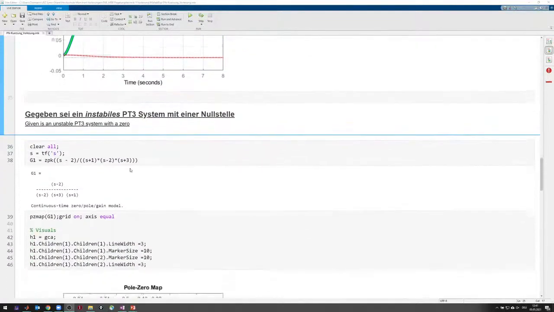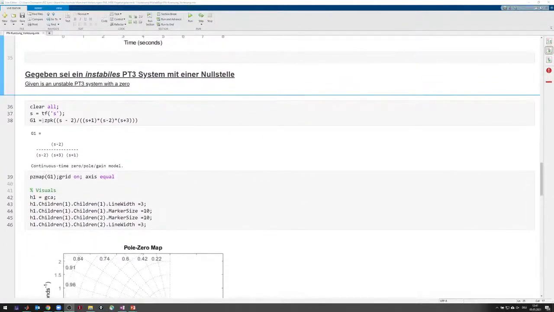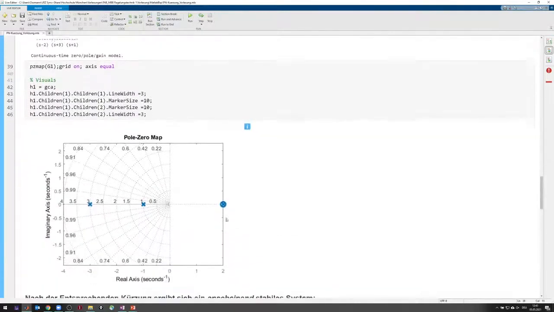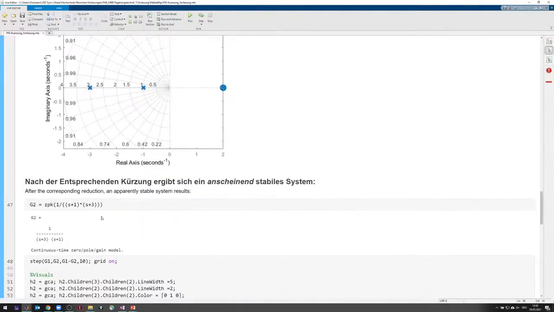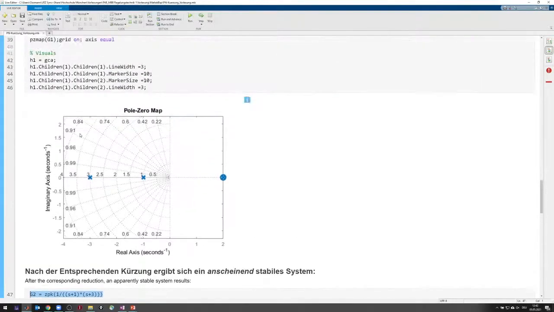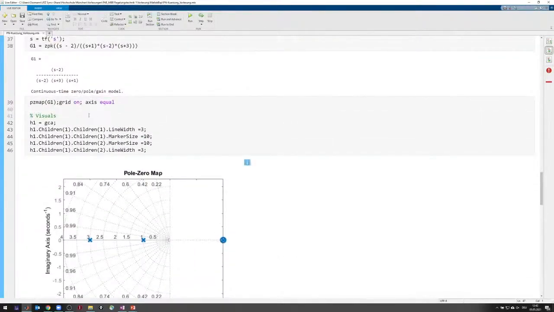Now let's consider what happens if you have a system with a pole at +2, an unstable one, and you have a zero at +2. So your pole-zero cancellation now appears here. Let's say this is our approximated system. We don't care that it's on the right-hand side; we simply cancel that out.